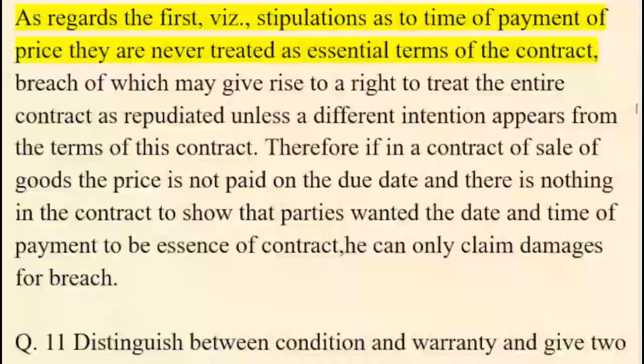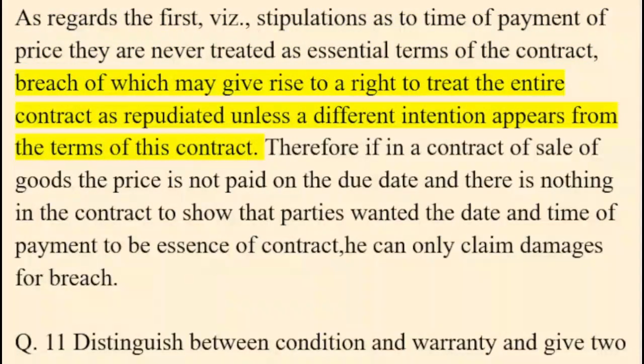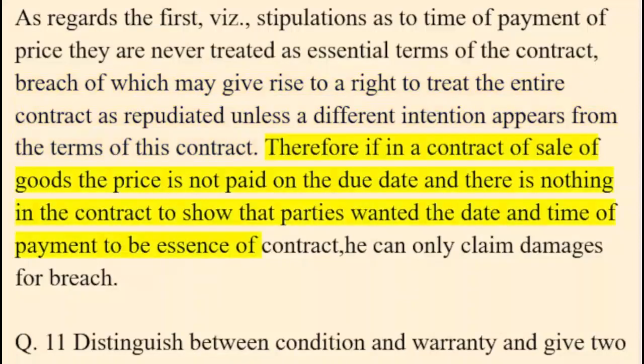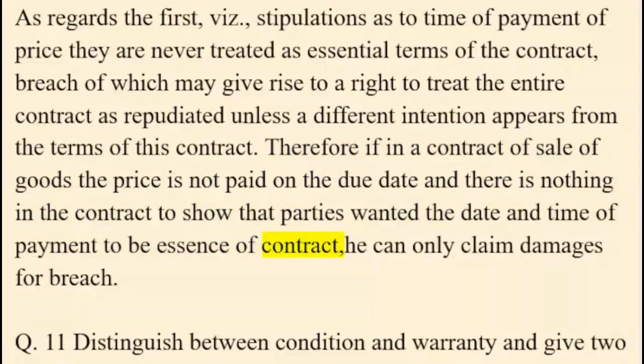As regards the first, viz., stipulations as to time of payment of price, they are never treated as essential terms of the contract, breach of which may give rise to a right to treat the entire contract as repudiated, unless a different intention appears from the terms of the contract. Therefore, if in a contract of sale of goods the price is not paid on the due date and there is nothing in the contract to show that parties wanted the date and time of payment to be the essence of the contract, he can only claim damages for breach.